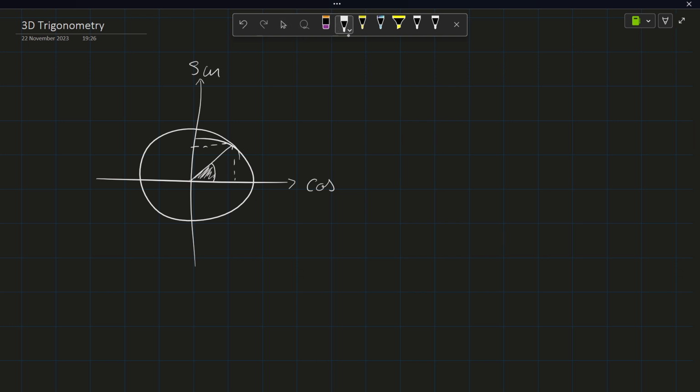3D trig. Let's start with 2D trig. We have a line here, a line here, and a line here. Let's start with the basics. Obviously, this is a right-angled triangle. So this angle plus this angle is equal to this angle over here, which is 90 degrees.